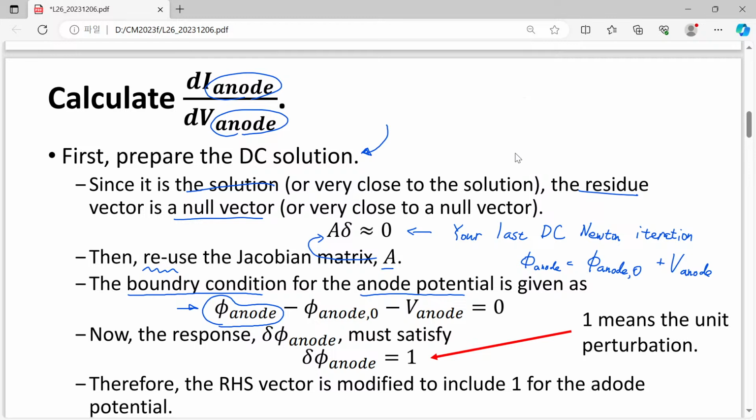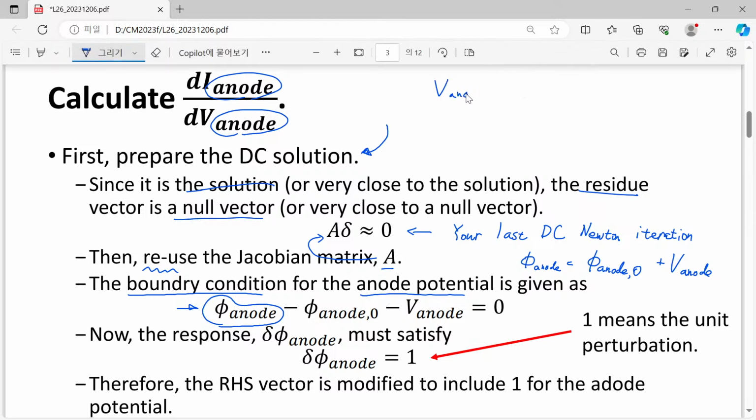Your V anode can be decomposed as V anode DC plus your AC perturbation, the excitation here. Then this solution variable can also be decomposed into two parts: your DC solution, and the fluctuation of your anode potential.